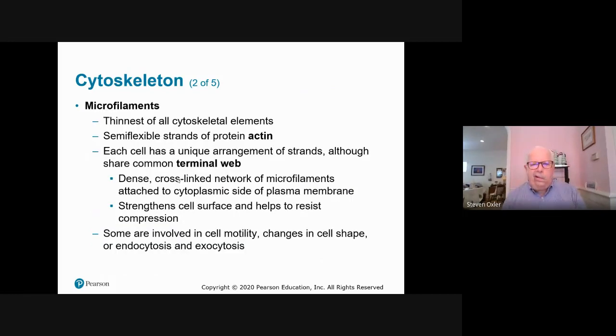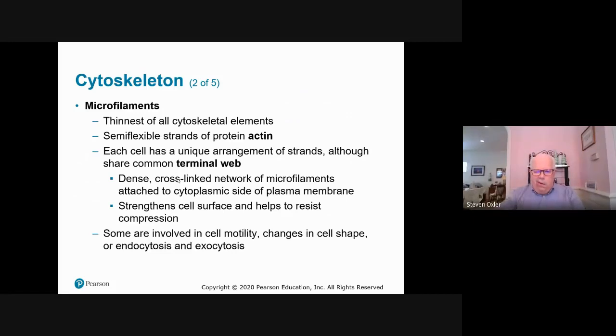The microfilaments are the thinnest of all the elements. When we talk about muscles, there is a protein in muscle called actin, and that actin is a microfilament. It is the structure of the muscle itself.